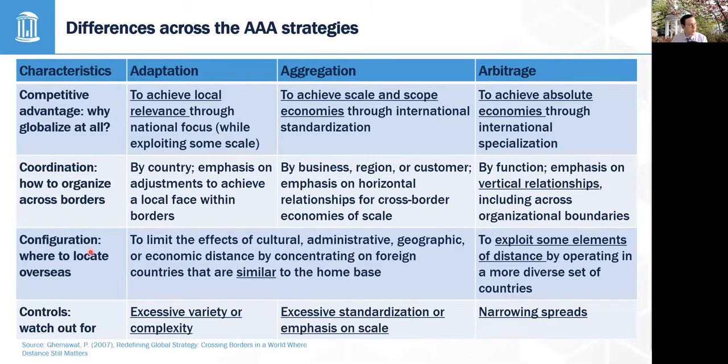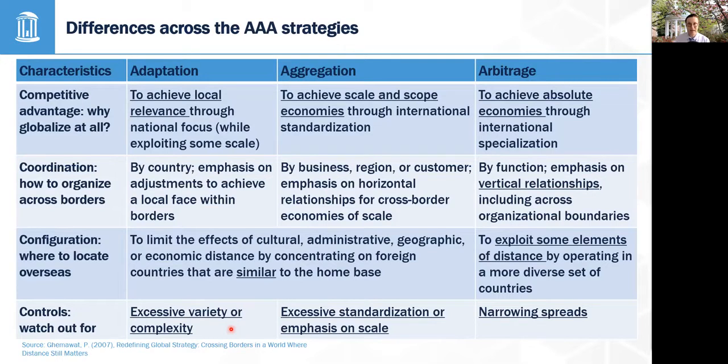In terms of where to locate, again, for adaptation and aggregation, you're looking generally for countries that are more similar to your country. For arbitrage, you're trying to take advantage of differences between countries. Things to watch out for with adaptation would be excessive variety or complexity. So again, there's a cost of adapting your products and services.